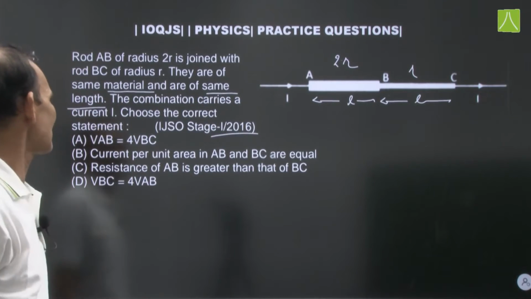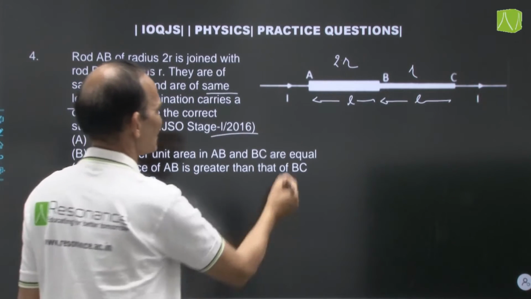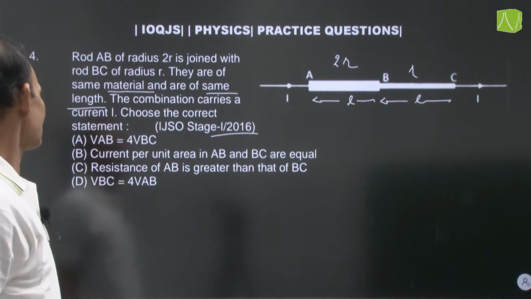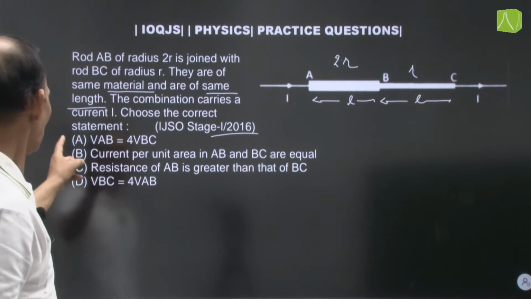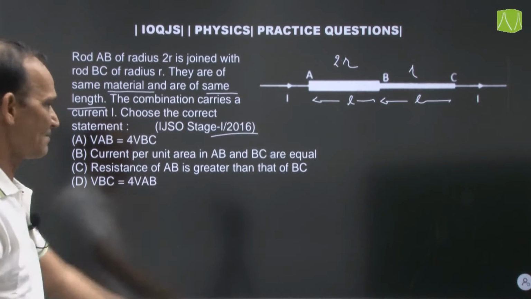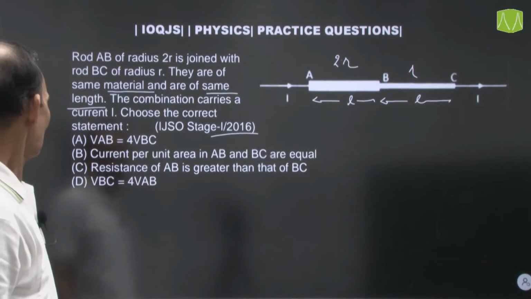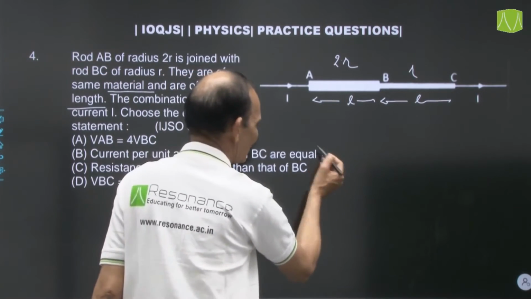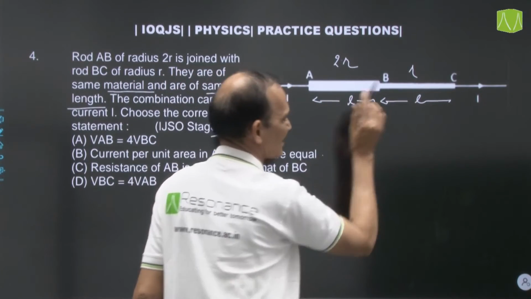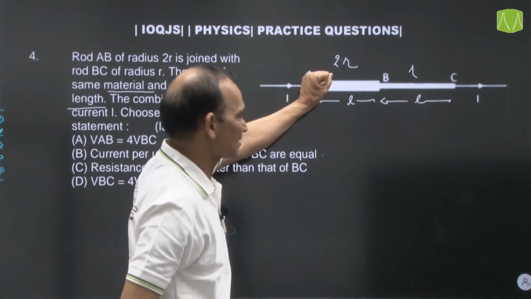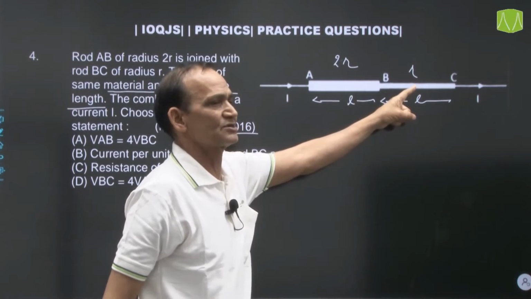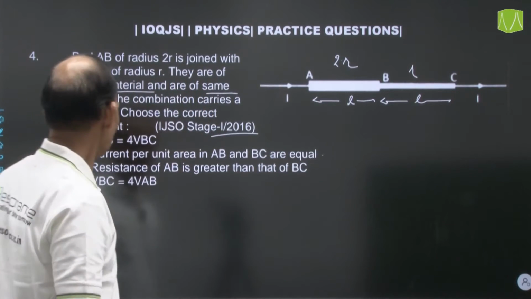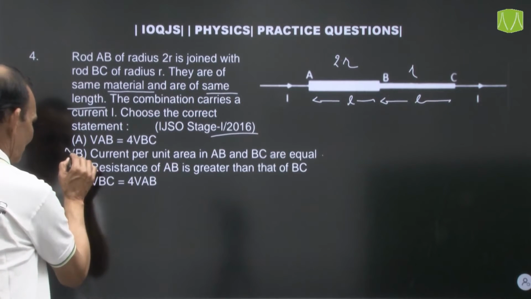The combination carries a current I, and the current flowing is the same. Choose the correct statements. VAB is equal to 4 times VBC. Current per unit area: now think about this option. The current through this wire or this wire is the same, but the area of this one will be more in comparison to the area of this one. So current per unit area will not be equal, so this option is wrong.